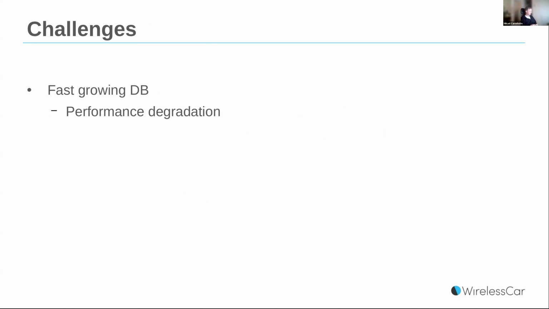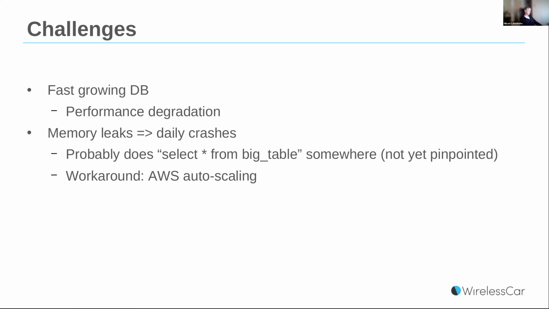Due to the nature of how we use Dependency-Track, we have a quite fast-growing database, which leads to degradation in performance. And we also have problems with memory leaks and daily crashes, basically.